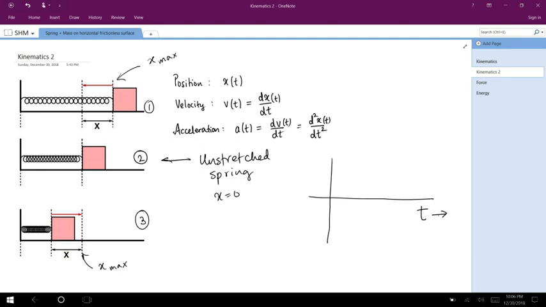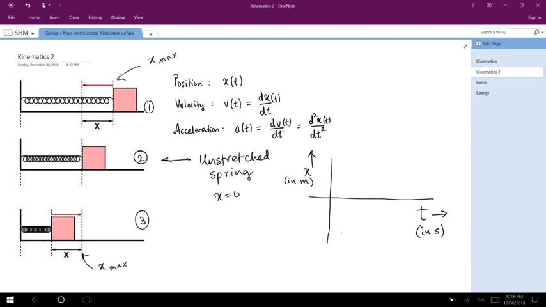Time is along the x-axis and x, or position, is along the y-axis. Note that I have not given it units, but I could have said t in seconds and x in meters. Appropriate units would be necessary for an actual real-world problem.